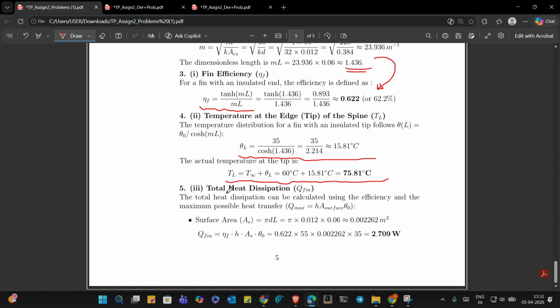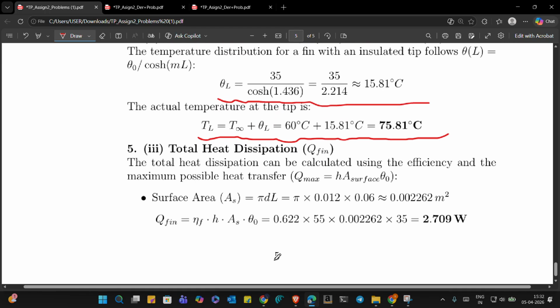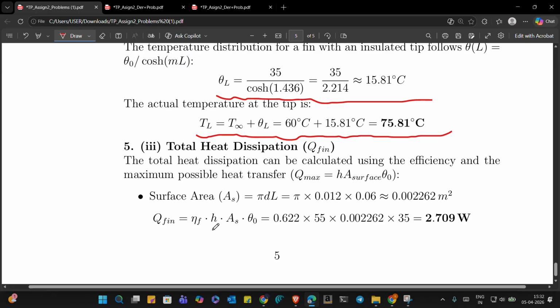Now we are going to find the total heat that is being dissipated by the fin. For this, we are going to leverage the efficiency of the fin, from the formula that we have derived earlier. We found 62% efficiency of the fin. Using that information, we find what amount of heat the fin is emitting. We take the maximum energy that the fin can emit on the basis of theta naught.